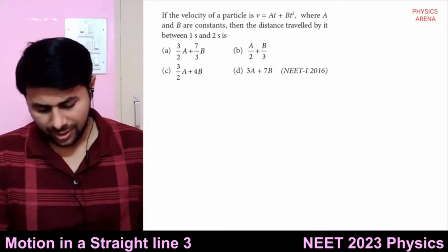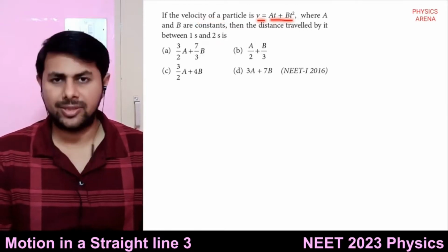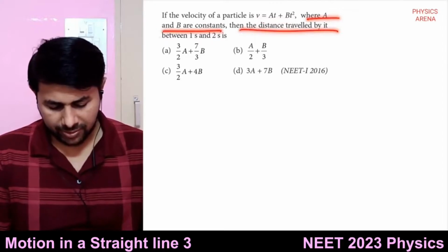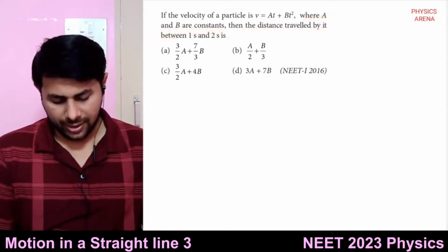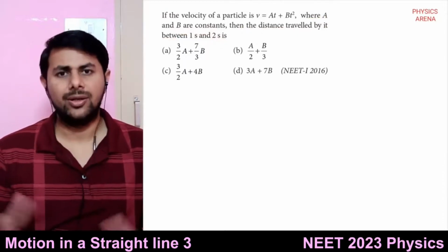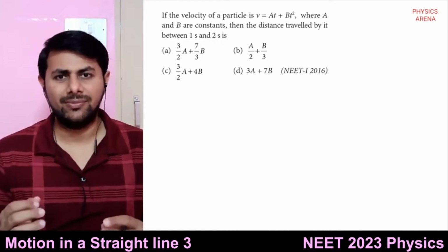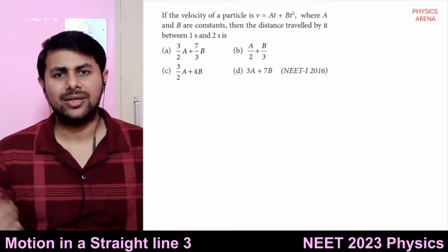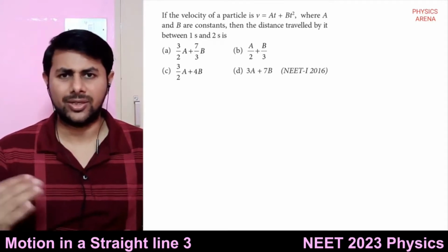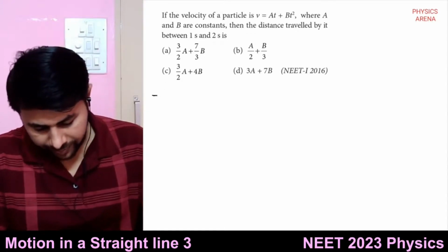Next question. If the velocity of a particle is v equals at plus bt square, where a and b are constants, then the distance traveled by it between 1 second and 2 seconds is? So we know distance traveled is the area under the velocity versus time curve, and mathematically it is the integral of velocity from initial to final time.